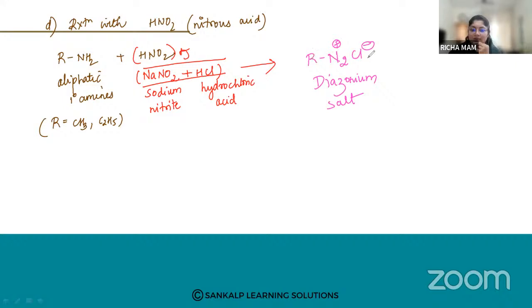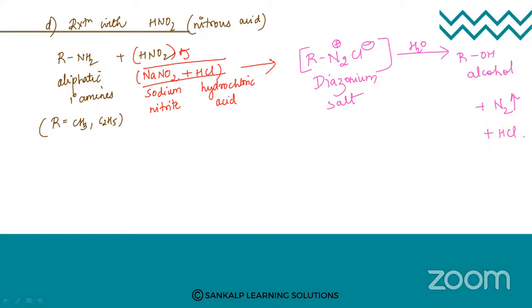This diazonium salt is unstable. When you do hydrolysis, when you treat it with water, I'm going to get alcohol, plus N2 gas will be liberated, plus you get HCl. Is it clear up to here?